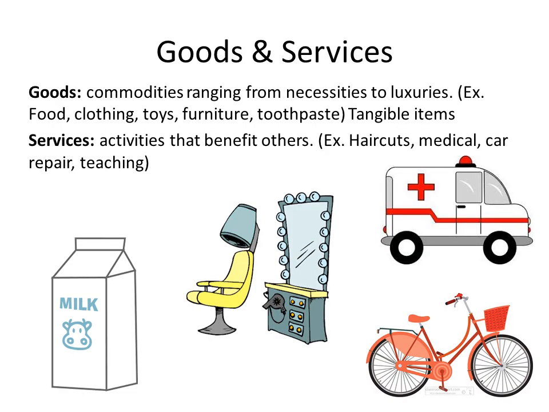Now, goods are commodities, things that are necessary to live. You might think of food, clothing, shelter, milk, furniture, a bed, toothpaste, your makeup, your hair, whatever it is that you need to live.